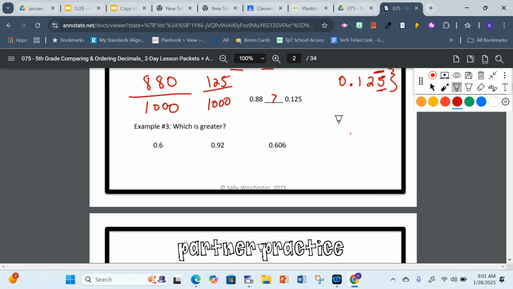So what I like to do is I'm going to line up my place values again. Everybody do this. And then I'm going to fill in zeros. Okay?